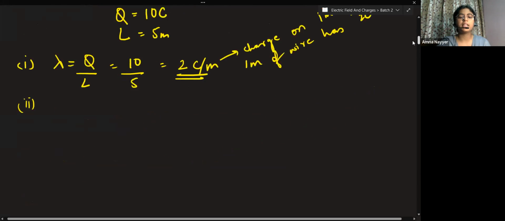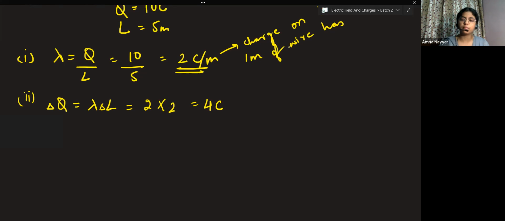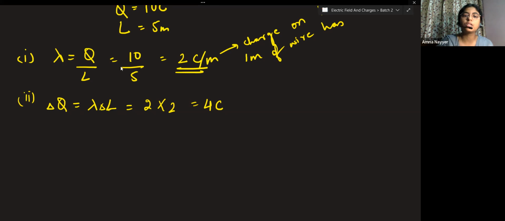Or you can simply write it this way: the charge delta Q that you have to calculate will be lambda into delta L. Lambda is 2, and the length of the wire is 2 meters, so this will be 4 coulombs. Or you can do this using the unitary method: if the charge on 1 meter is 2 coulomb, then the charge on 2 meters will be 4 coulomb. This was the case when the charge distribution was uniform.